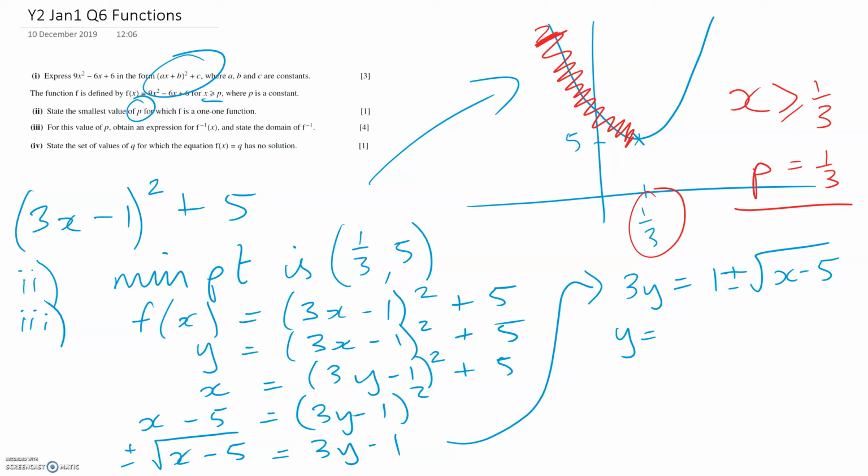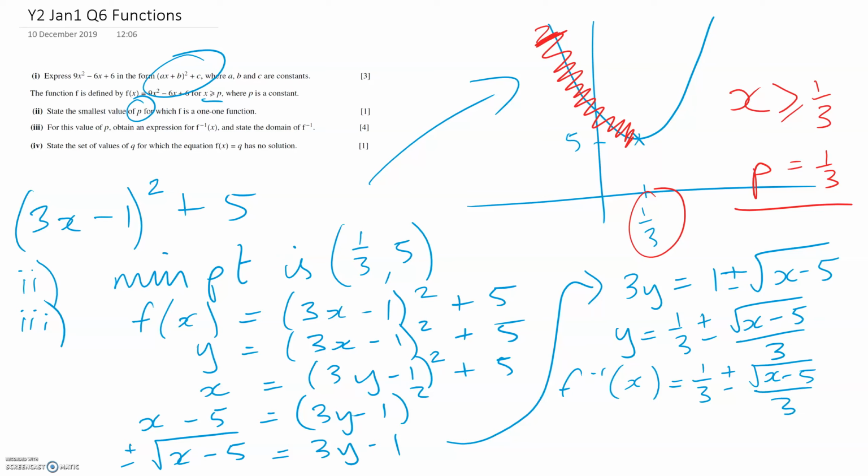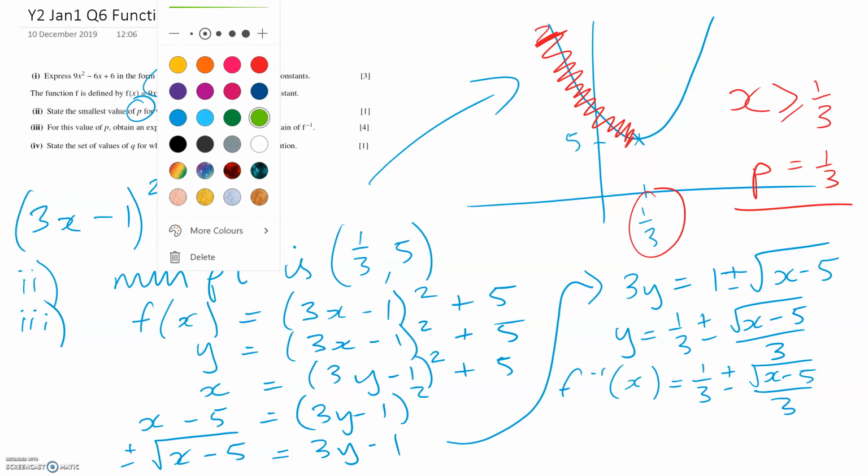So y is 1/3 plus or minus the square root of x minus 5, over 3. So the inverse function is this. Now, at this point, it's worth checking the domain and range.